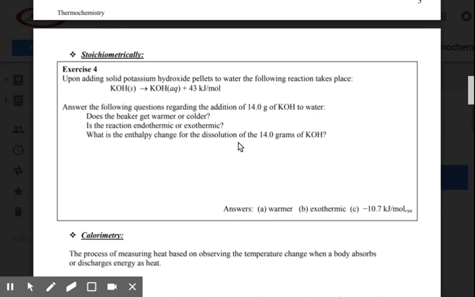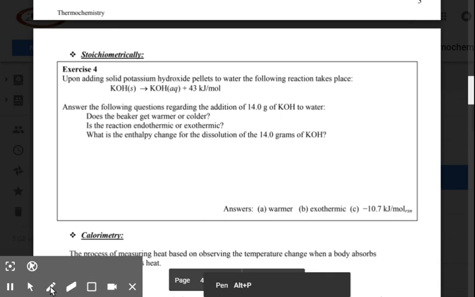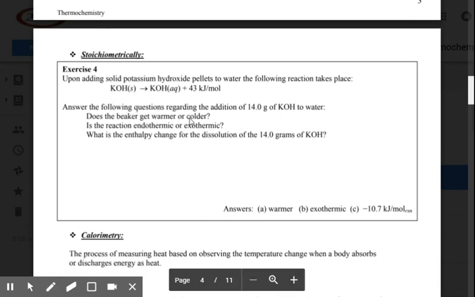Now, before we get into the stoichiometry, let's answer these questions that are up here. The first question says, does the beaker get warmer or colder? In order to figure out what's going to happen, we have to look to see where our delta H value is. Our delta H value is written in the products.